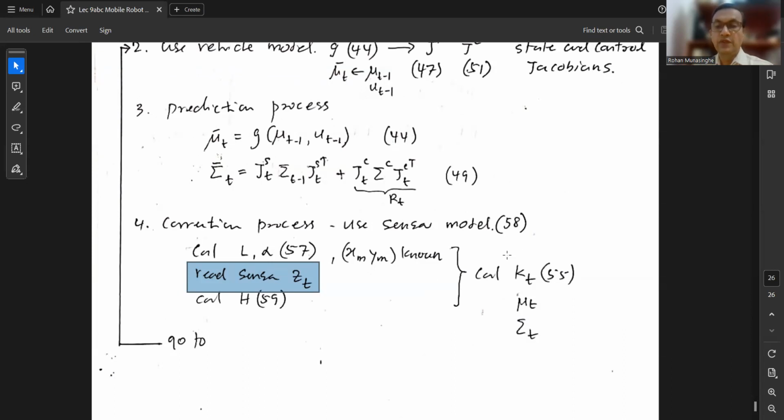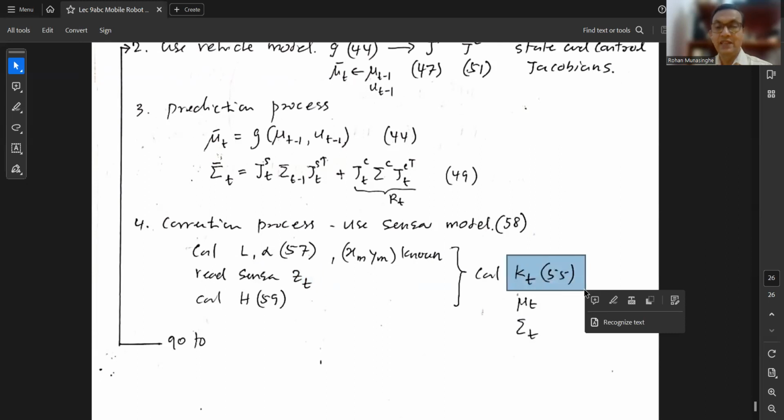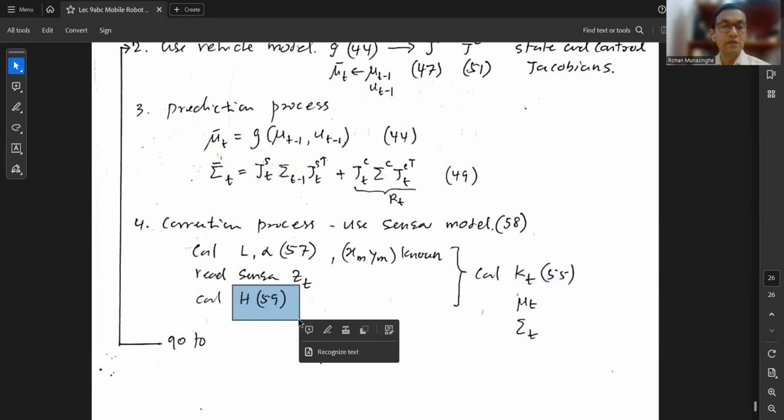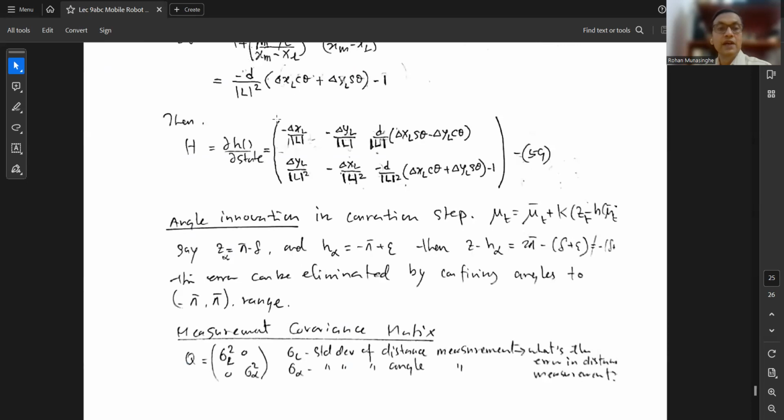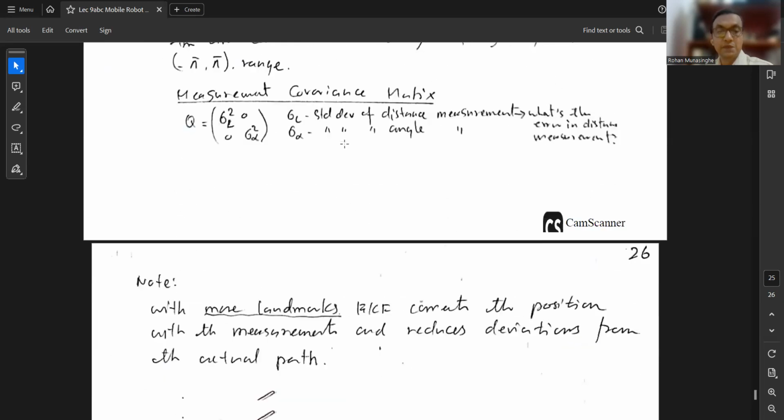And using equation 55, you can calculate the Kalman gain, and then using the measurement, zt, and also the Jacobian of the measurement model using equation 59, and 59 is over here, right? All of these things are available.